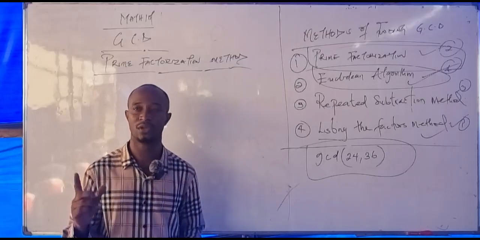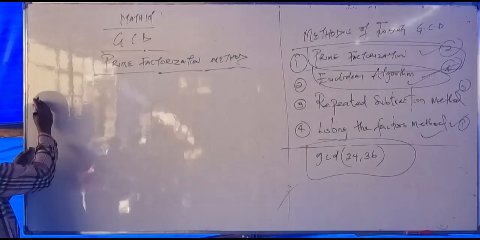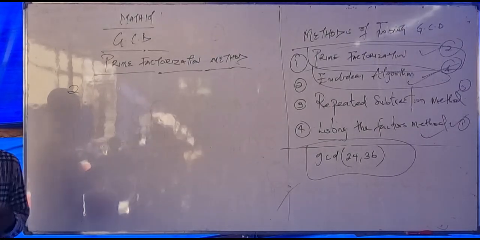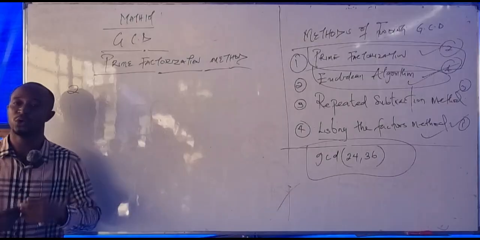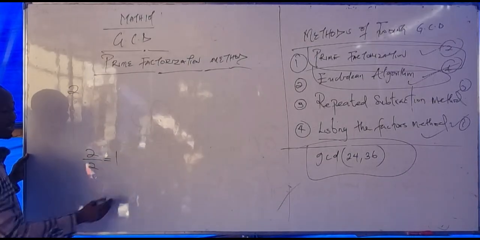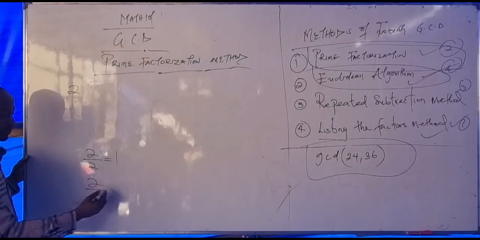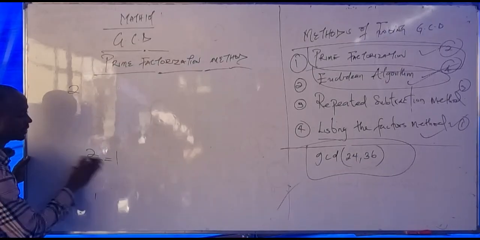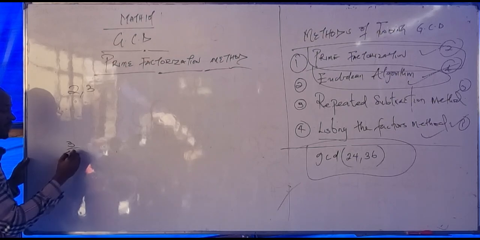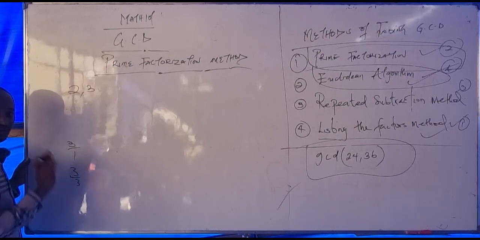Number 2 is a prime number. Why? Because 2 can divide itself and can also divide 1. What about 3? Yes, 3 can divide 1 and itself only.